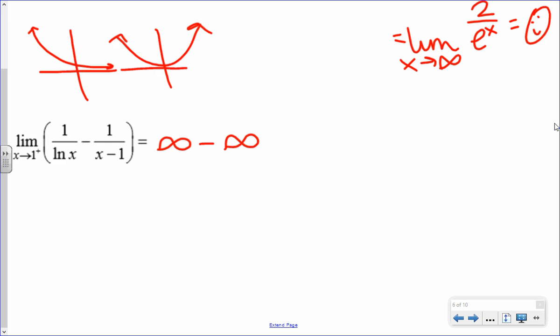Do you agree that some functions grow faster than others? Some functions are going faster towards infinity than others, but they're all going towards infinity. But we can't determine that this one's bigger than the other. We know that they're not equal, but we can't determine how big. Does that make sense?